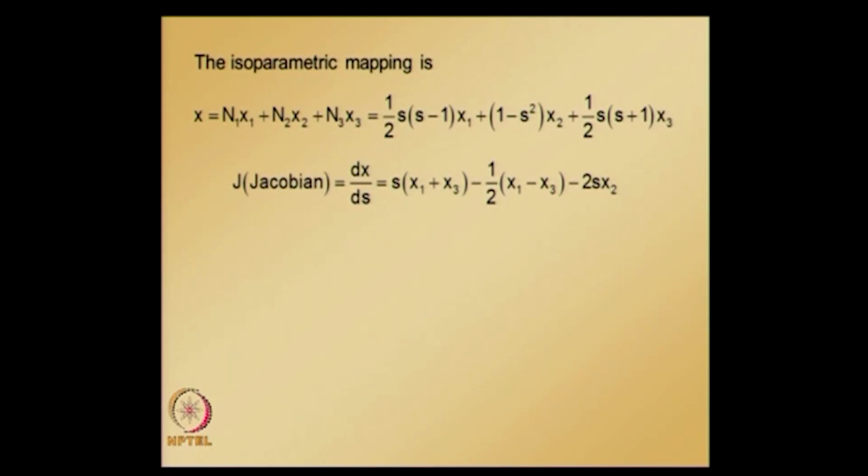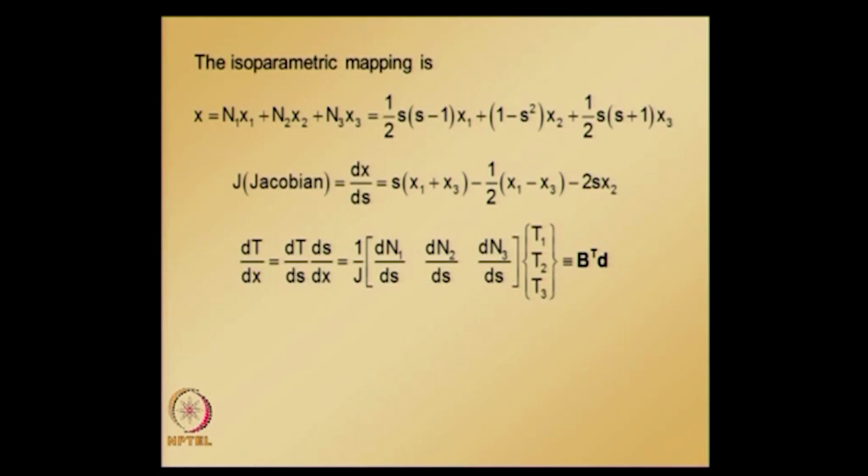We require this Jacobian or inverse of Jacobian, because we need to calculate the first derivative of the field variable with respect to x, which can be written as dT ds times ds over dx.